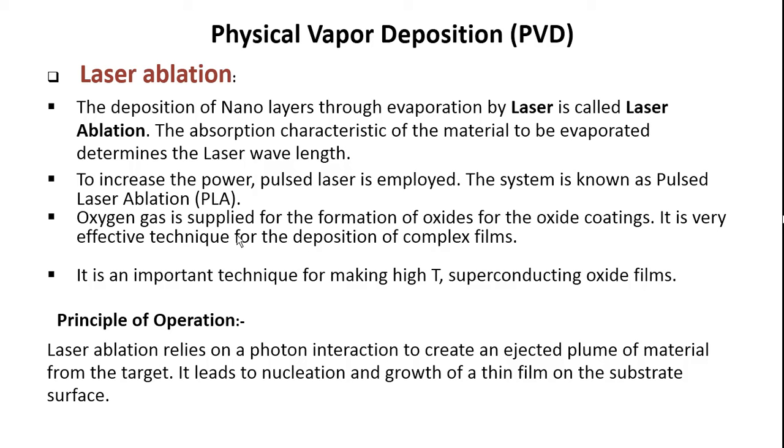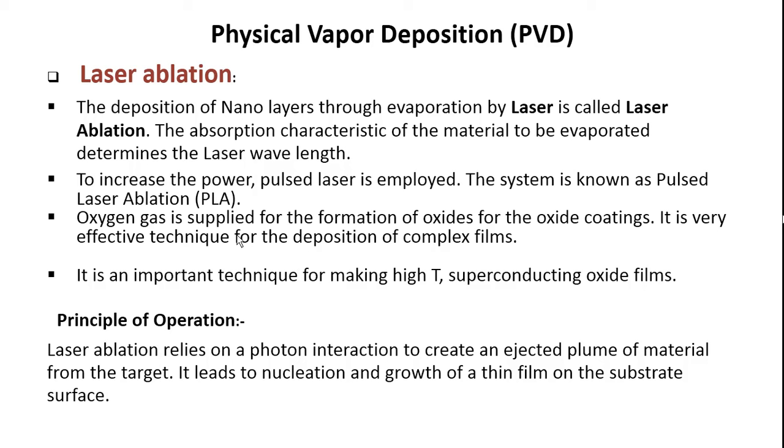This laser will make the evaporation possible, or it will produce sufficient heat to evaporate the material to be deposited upon the wafer. So when laser is used for this purpose, we say that the process is called the laser ablation method, or that material is ablated upon the silicon wafer by the use of lasers. So that is why it is called the laser ablation method.